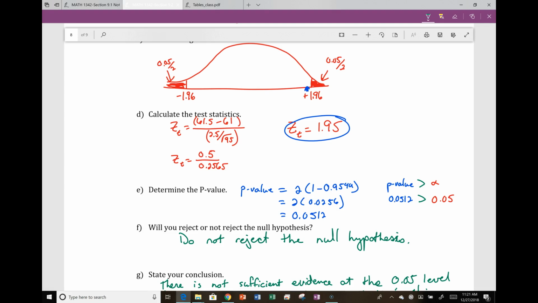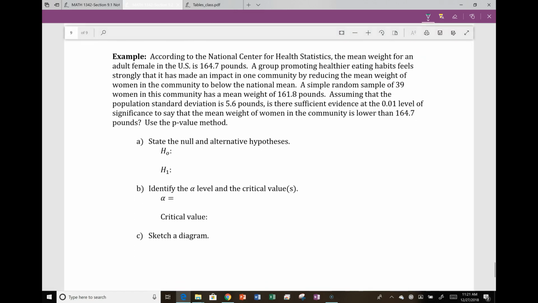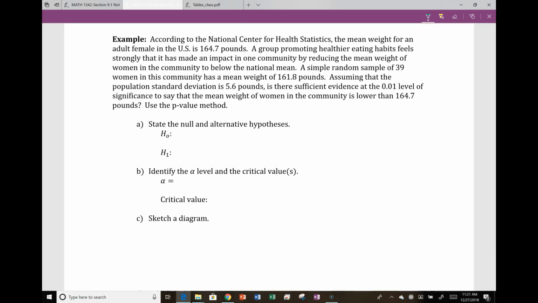I want to look at one more example to help solidify the p-value method. This one says, according to the National Center for Health Statistics, the mean weight for an adult female in the U.S. is 164.7 pounds. So that's our mu, 164.7 pounds.